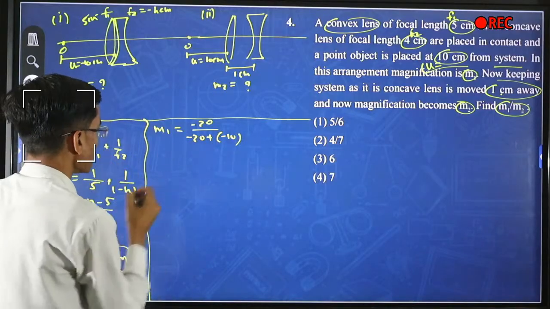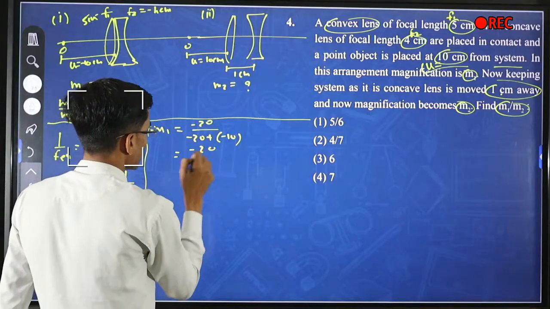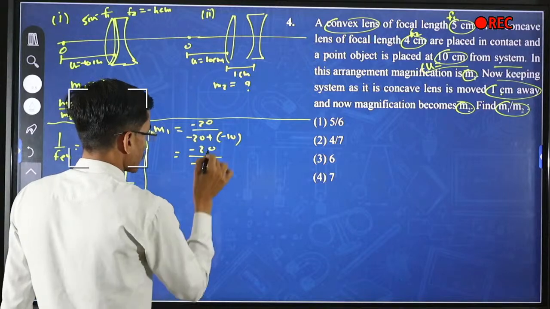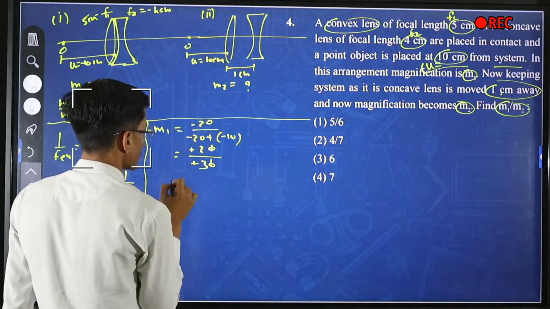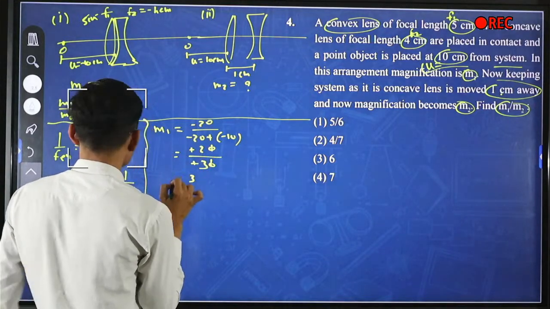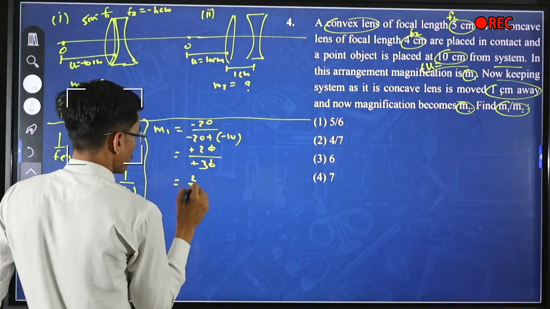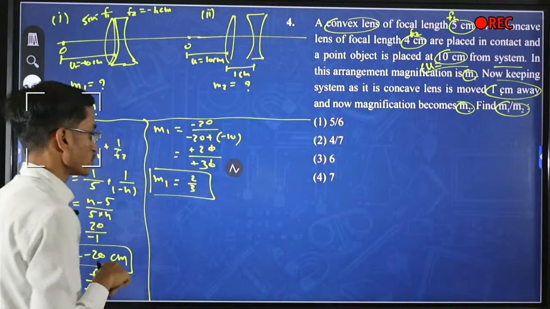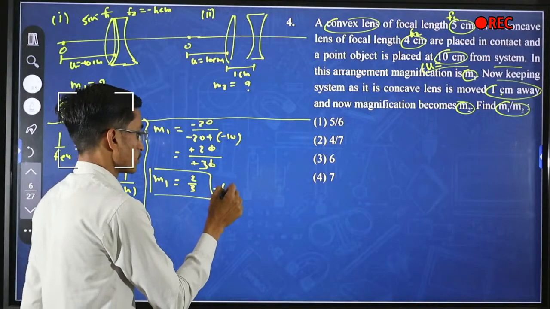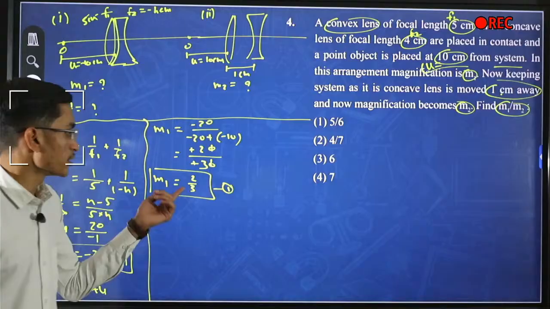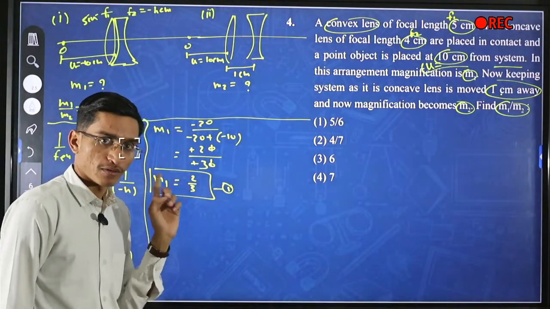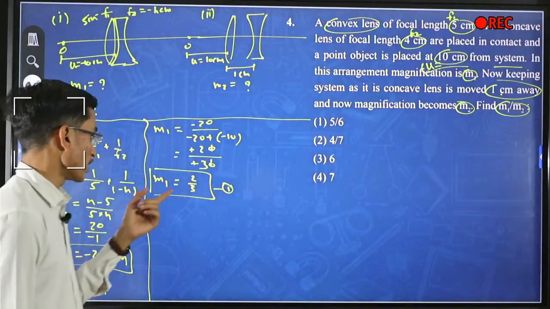For the simplification, minus 20 upon minus 20 minus 10, that is minus 30. Zero zero cut, minus minus cancel. So 2 by 3. M1 is 2 by 3, let us say equation 1. Here magnification is positive, so the image will be virtual and erect.